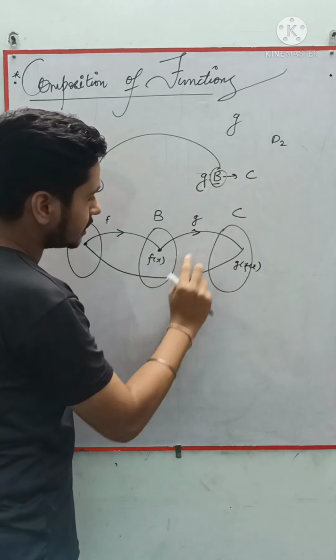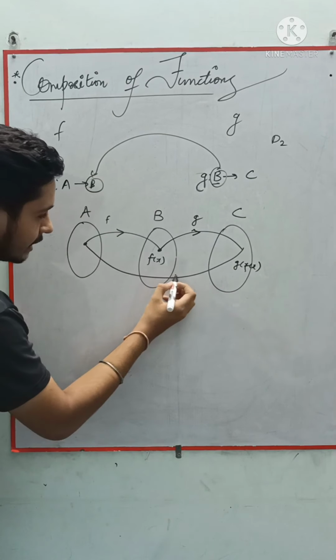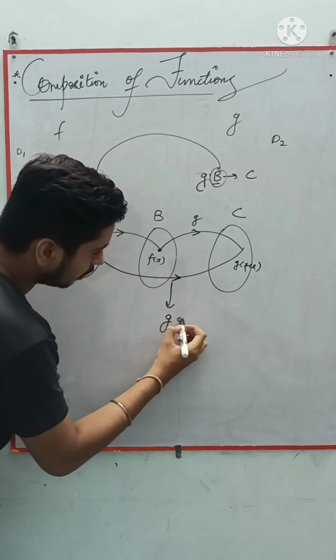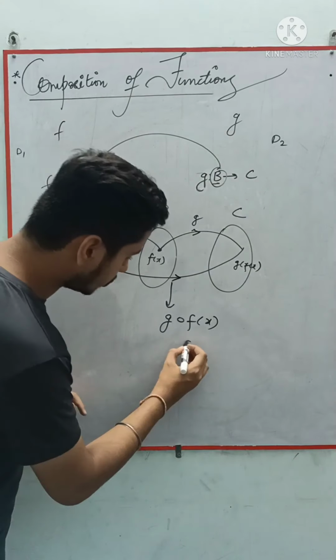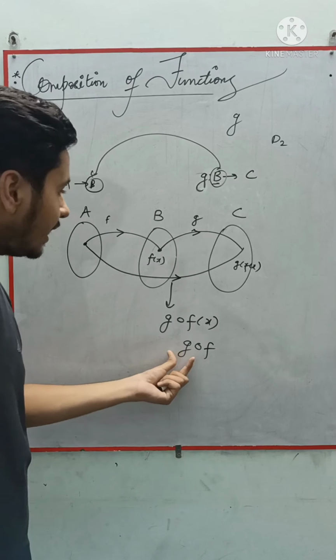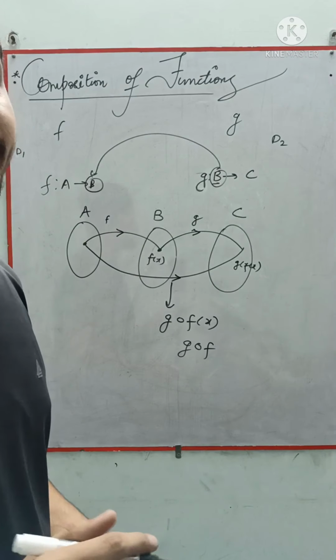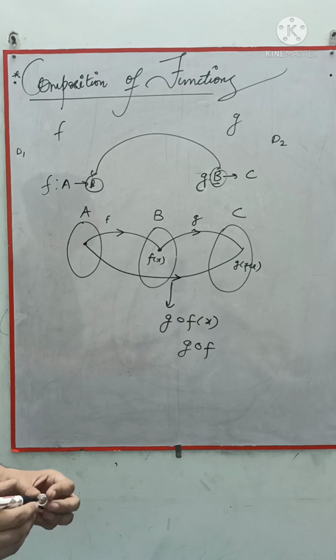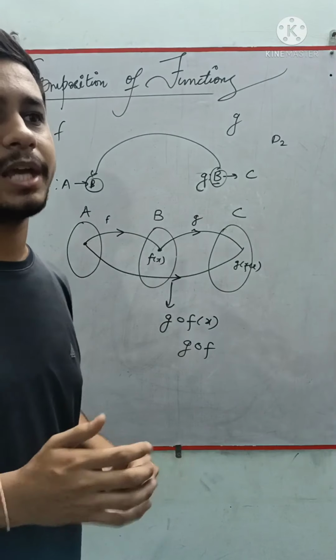Now B to C, so it becomes g(f(x)). So that is why this is called g of f(x), or also called g-o-f. This means that if you remember, in 11th class I used function of function in the differentiation chapter.